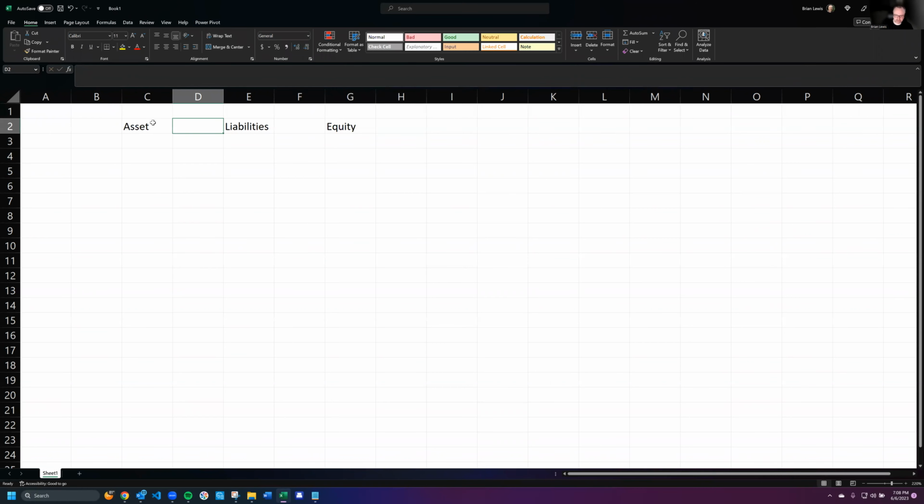And we're going to do our little equation, equals and a plus. All right. So in addition to cash, and let's say accounts receivable, you're also going to have this thing called inventory. Okay, inventory.